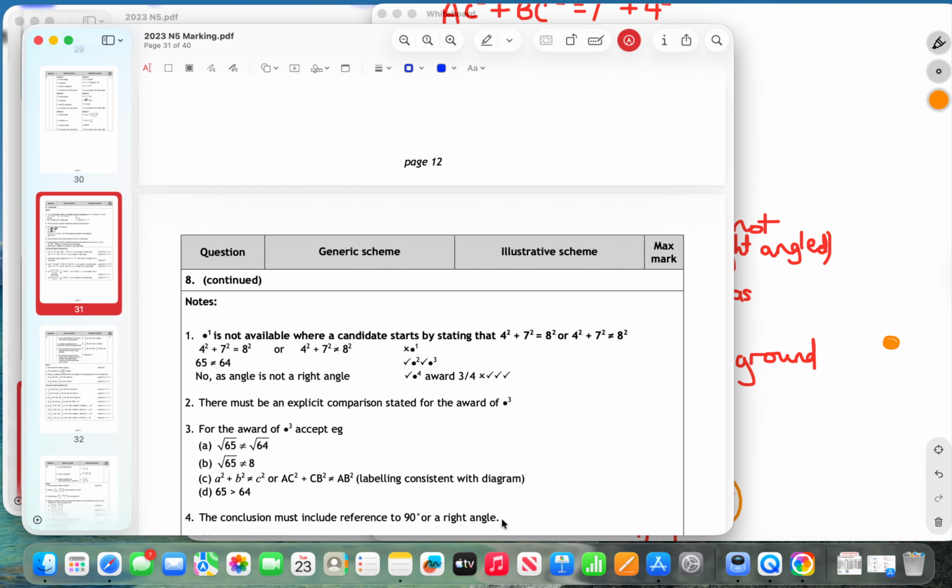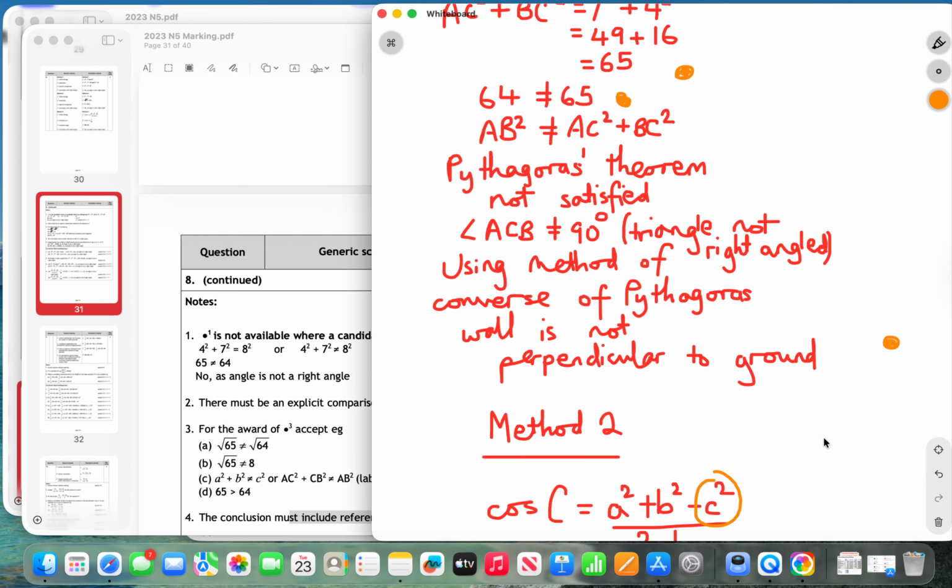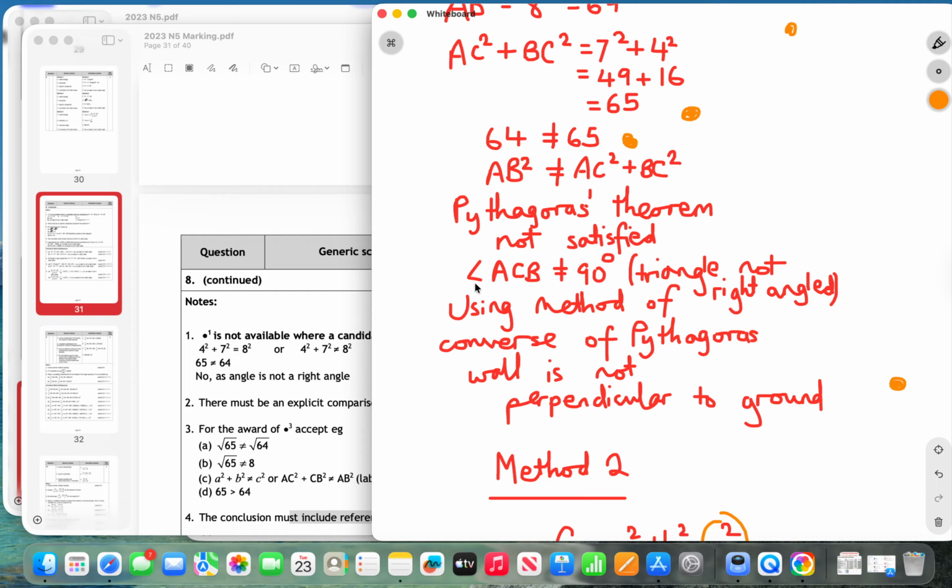And you have to make a reference to 90 degrees or a right angle. So you see it in this one, and we've mentioned right angled and Pythagoras theorem. So perpendicular is not enough. You have to actually write about a right angle.